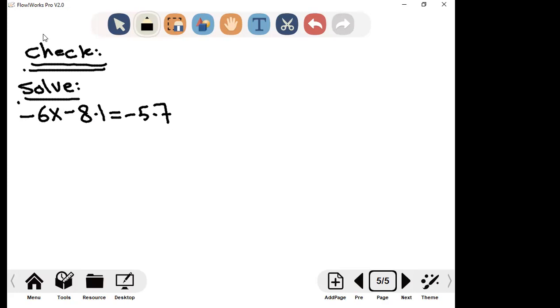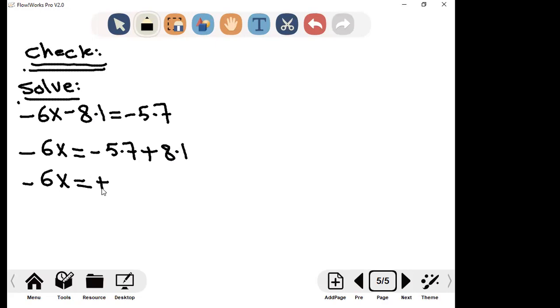Now shift the connected number and change its sign. -6x equals -5.7 plus 8.1, right? So -6x equals, here the bigger sign is the positive.